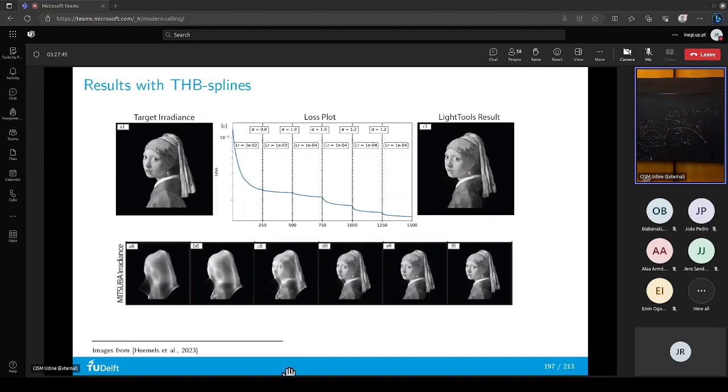What we do here is we start, this is our target light distribution. We start with this very coarse tensor product structure. It gives you already the contours, but the young lady is not really recognizable. Then comes the training, and at some point we decide, okay, now we switch to a locally refined THB version.